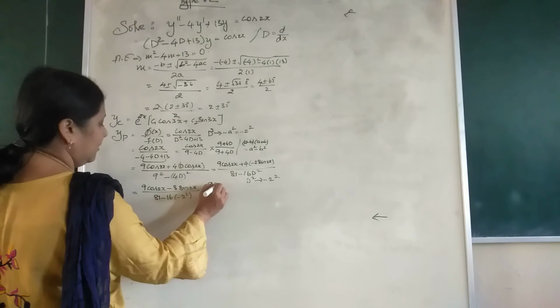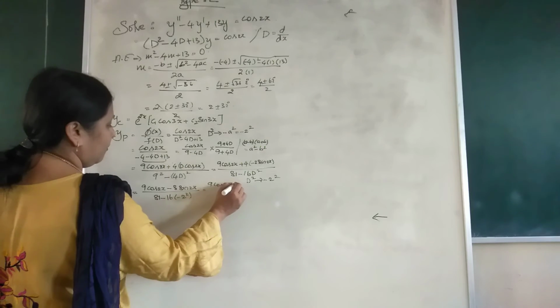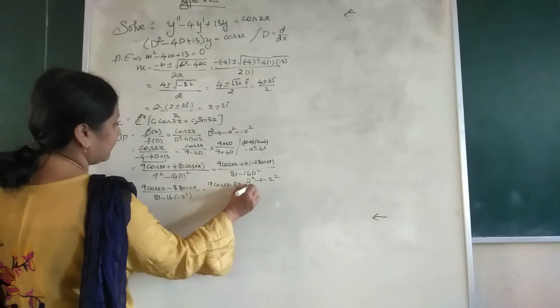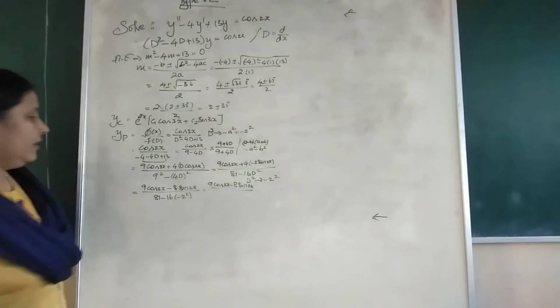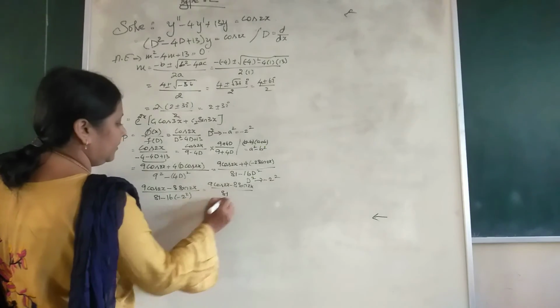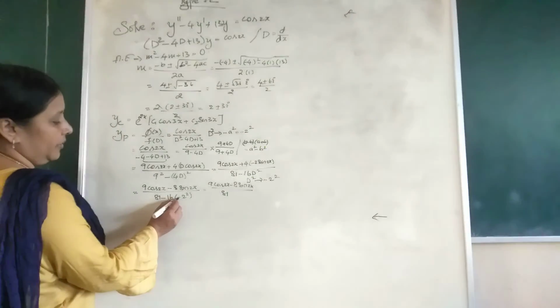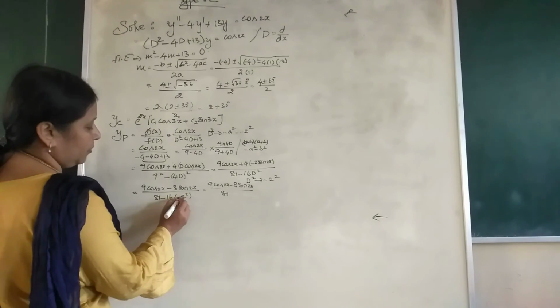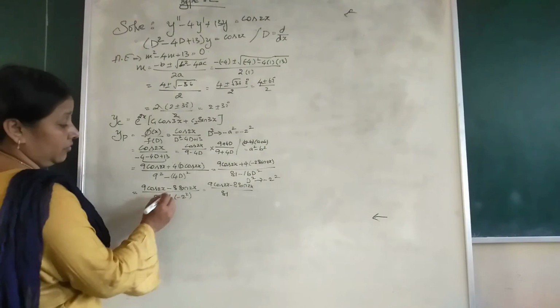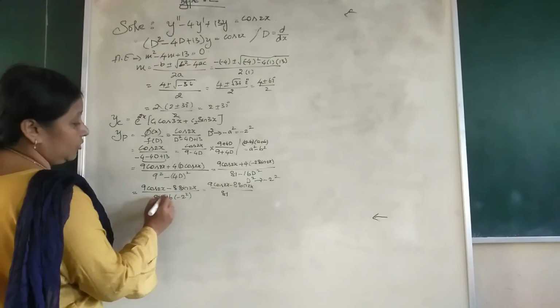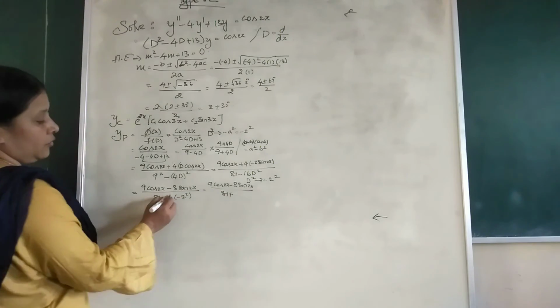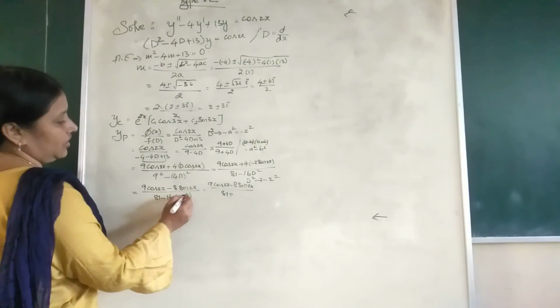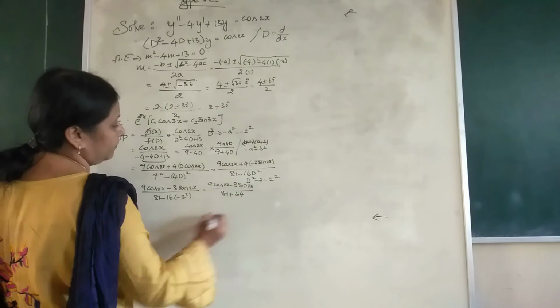It's going to become 9 cos 2x minus 8 sin 2x whole divided by 81. Even though there is a negative sign, it's going to be positive. 2 square is 4, 16 fours is 64.